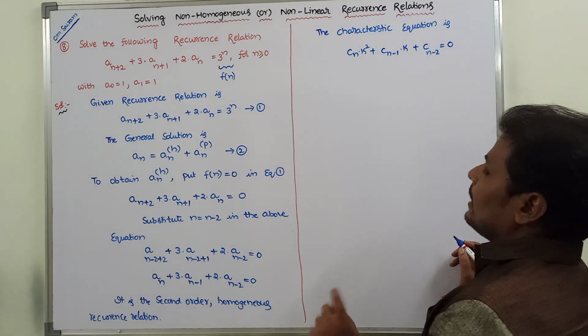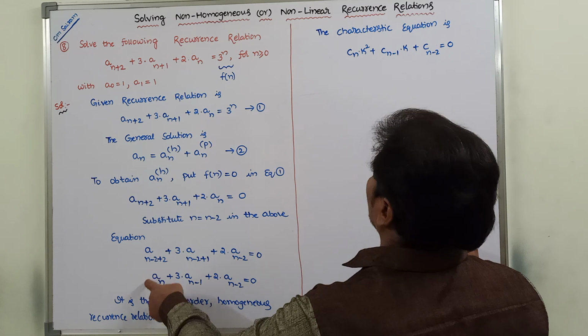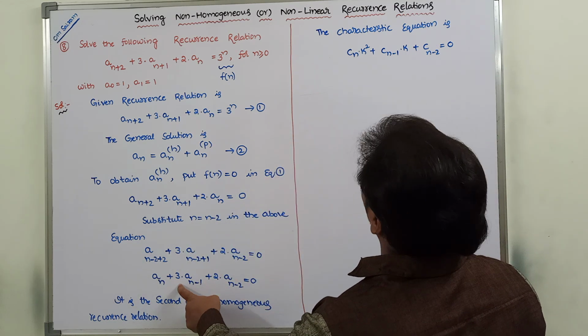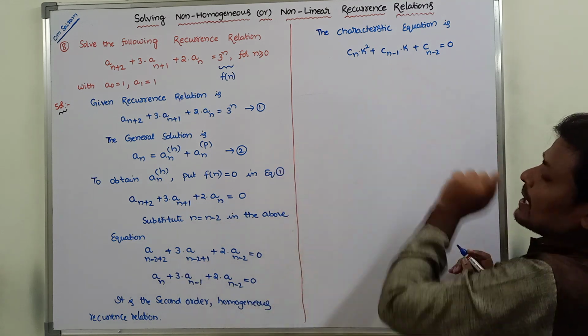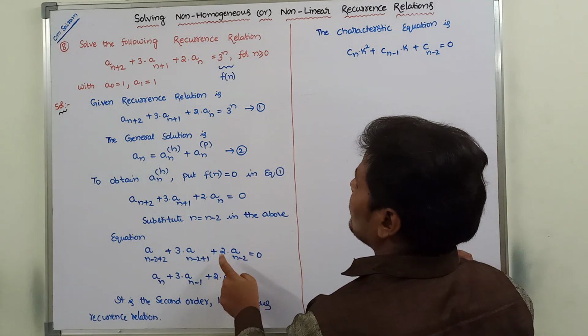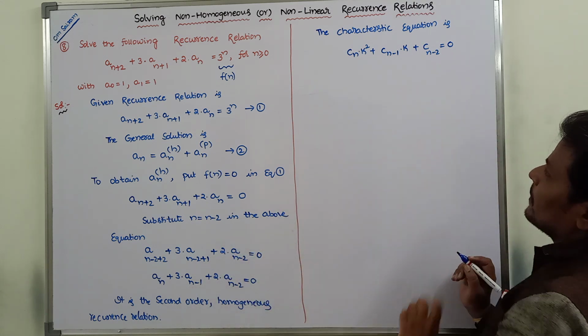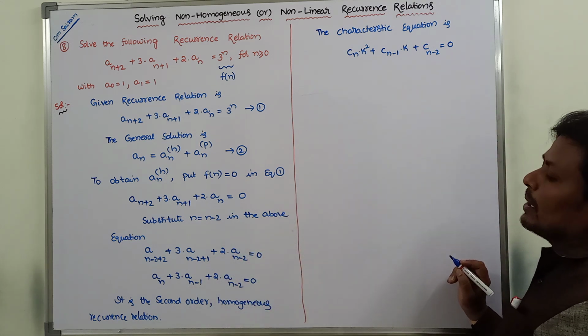Here a suffix n coefficient is C suffix n. A suffix n minus 1 coefficient is 3, here C suffix n minus 1. A suffix n minus 2 coefficient is 2, here C suffix n minus 2.